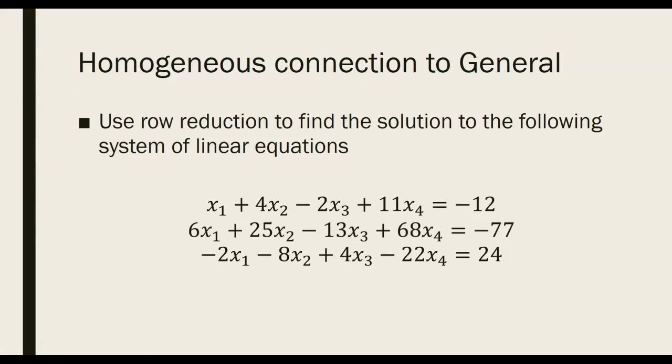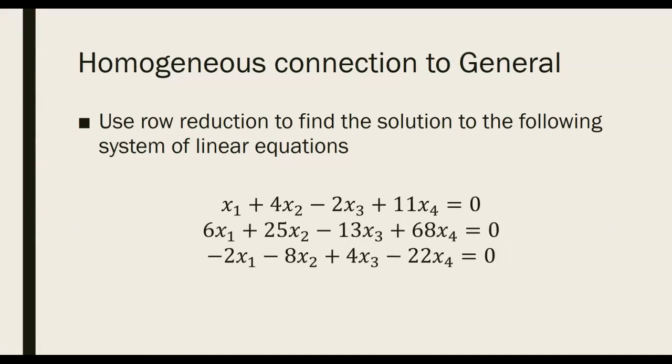But you should quickly notice that if we have those same exact equations, but instead of looking for a solution where our constants are equal to non-zero numbers, our constants are all equal to 0, the same process is going to go down.